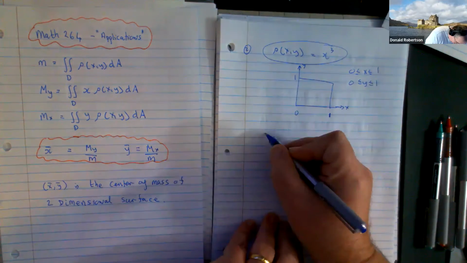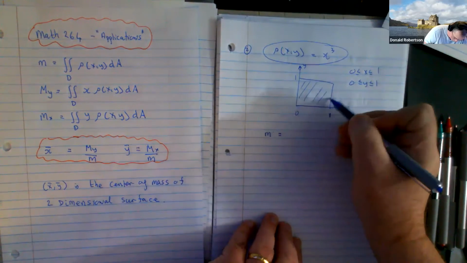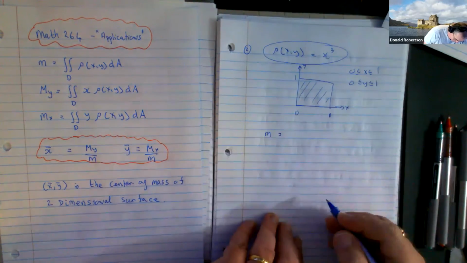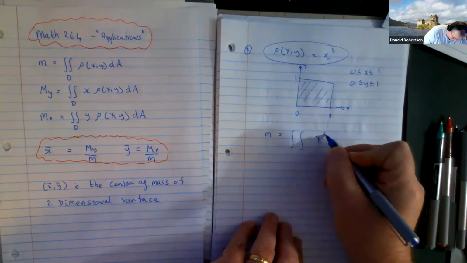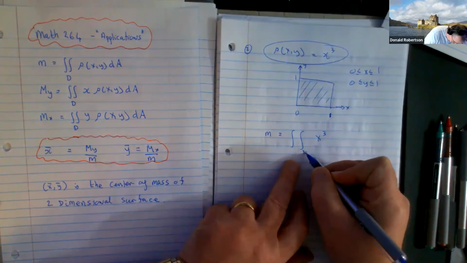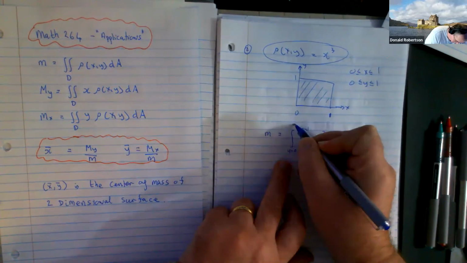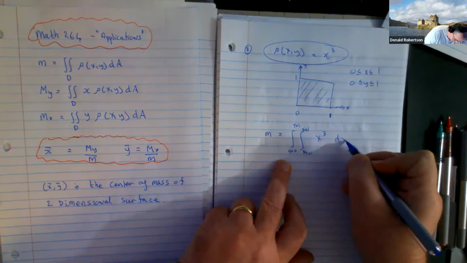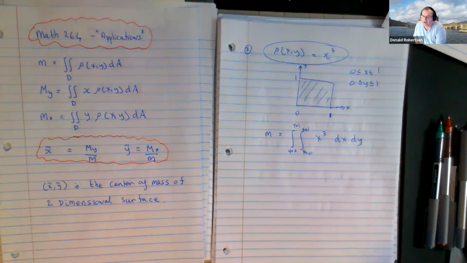So you begin by finding essentially the mass of this object. What would that whole thing weigh if this was its density function? Well, it's going to be a double integral of x cubed, and we're going to do x equals 0 to x equals 1, and y equals 0 to y equals 1. And the order I've decided to do it is x and y, right? Can you separate these guys? Can they be separated? Great.